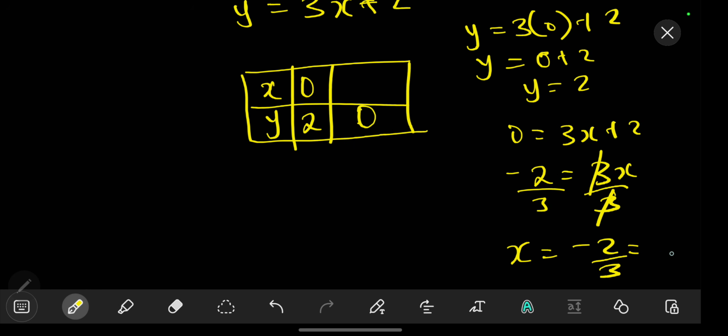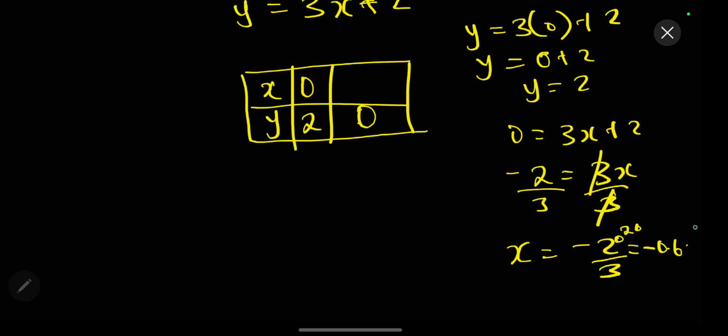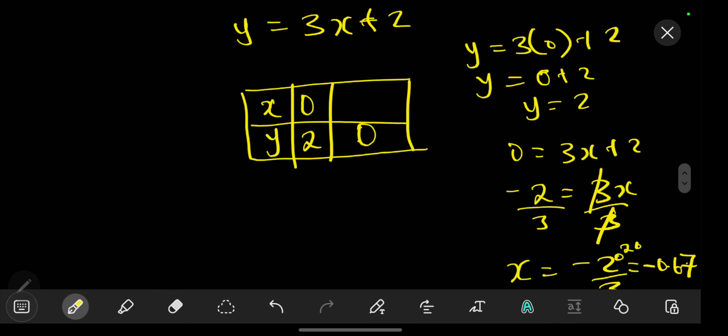Now negative 2 over 3 is approximately negative 0. We add a 0. 20 divided by 3 gives us a 6, remainder 2. We add another 0, so the 6 will continue, 6 6 6. So we are just going to write a 7 there, like that. So this is our negative 0.67.